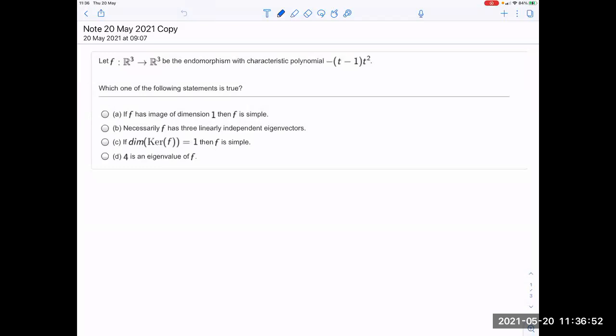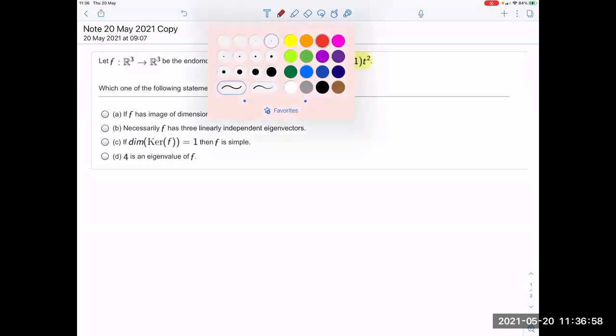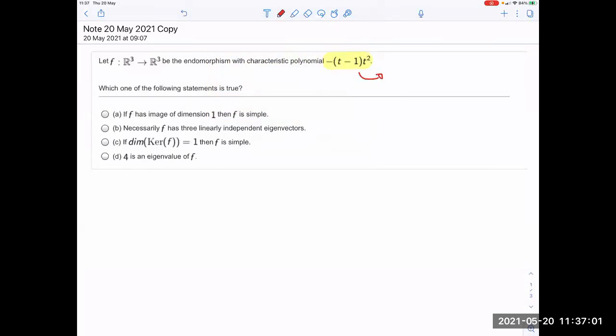Just keep in mind that knowing the characteristic polynomial does not fix F or M. So P of T does not give the matrix or the linear map, meaning that different matrices, different linear maps, can have the same characteristic polynomial, right? So just be aware of that.